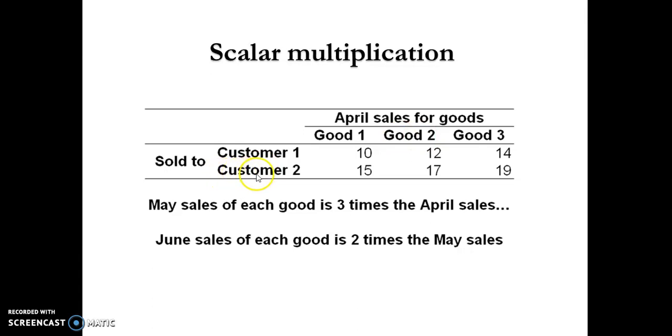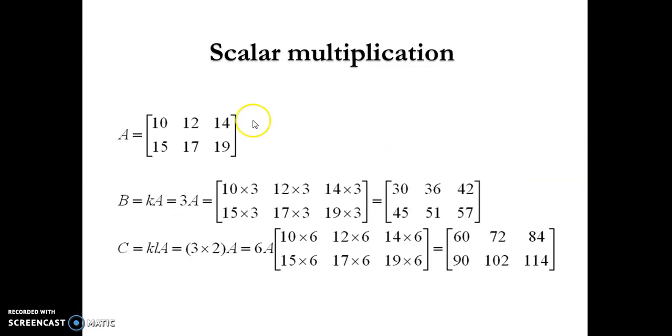If I have a look, there's customer 2, and I read across the row, and I check this column, this is the column for good 3. So customer 2 would purchase 19 of good 3 in April. So this information is captured in this matrix over here.